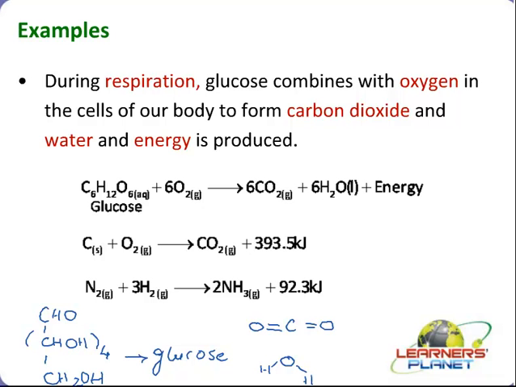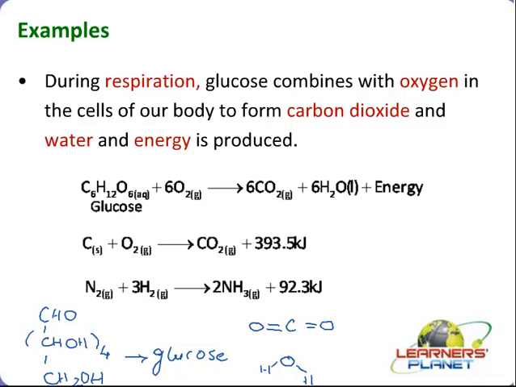See students, in glucose the carbon, hydrogen and oxygen are bonded in a different manner. But when that glucose has been cleaved, we have got carbon dioxide and water. So new types of bonds are formed and a new substance is formed with new types of properties. Got my point?